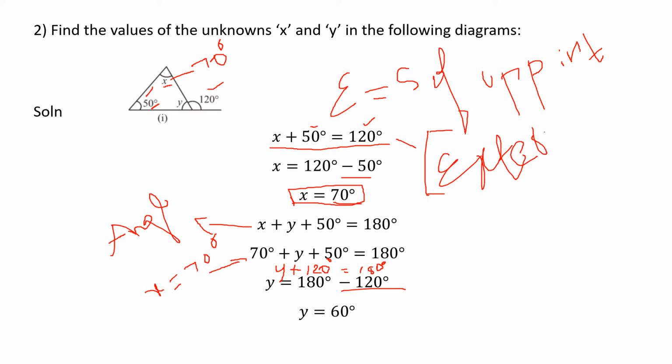Here you want to find out the unknown angles. So here the interior angles are 50 degree, x and y. So what is an exterior angle given in this question? 120 degree. So here you want to apply the exterior angle property first and find out one angle.